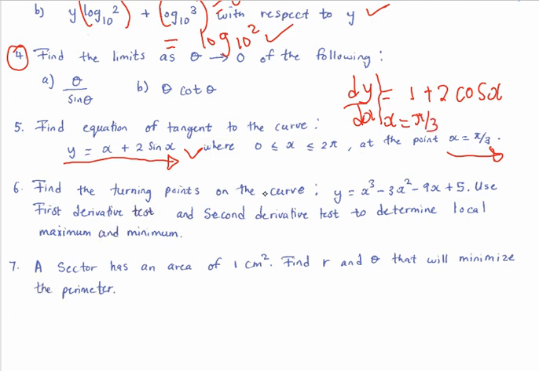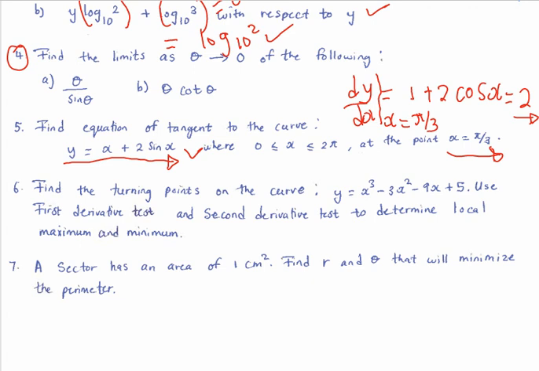So you substitute pi over 3 into the equation of dy over dx, and you'll find that your answer is 2. So that will be the gradient of your equation.